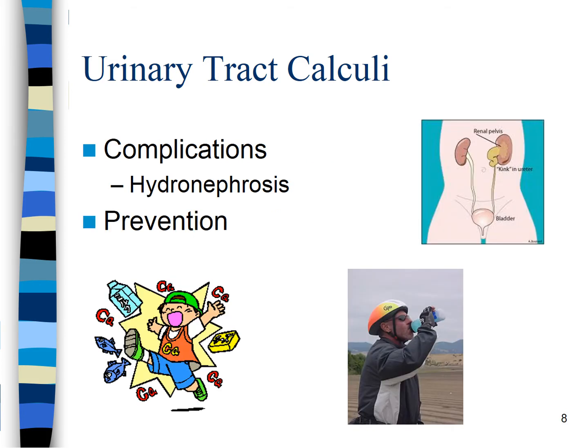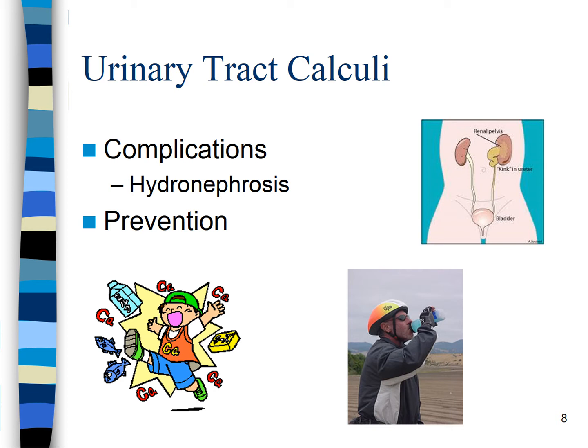So complications. We can get an infection from this. If you have urinary stasis and you are not urinating properly and clearing out the kidneys and the bladder, you are at a higher risk for infection. They may have hydronephrosis.